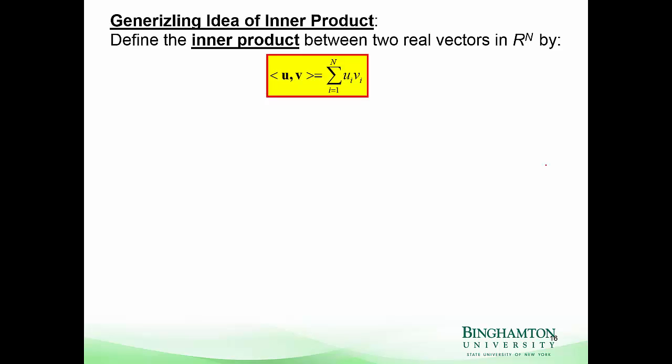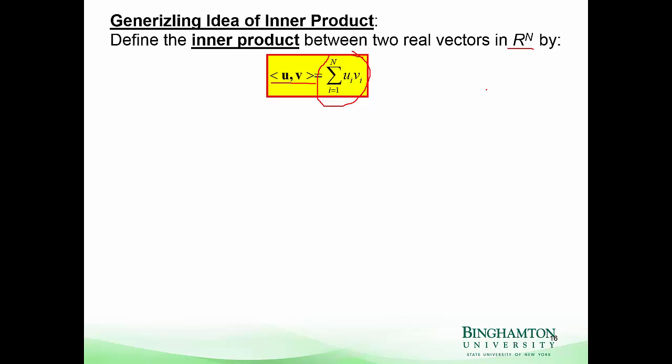So let's generalize this idea and see how that works. So we've got two arbitrary vectors in Rn. The inner product between u and v gives me a single number that's computed by, so you've got to get used to just reading the general math notation. Don't freak out at this. It's a simple rule.